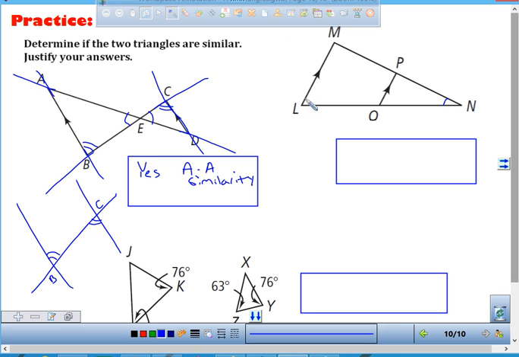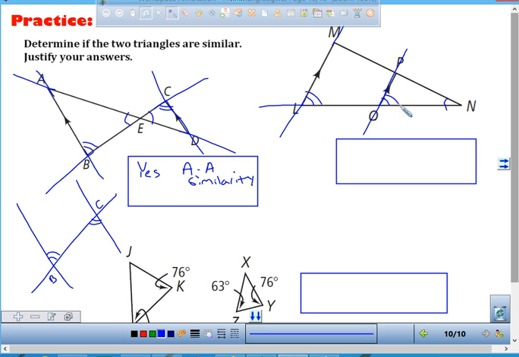Okay, so if I extend parallel lines, I always like to extend parallel lines so I can see things. If I extend those, now what? You have this transversal. This is a transversal, right? You have L and you have O. Good job, Dylan. Those are corresponding angles, and corresponding angles are always congruent when you have parallel lines.